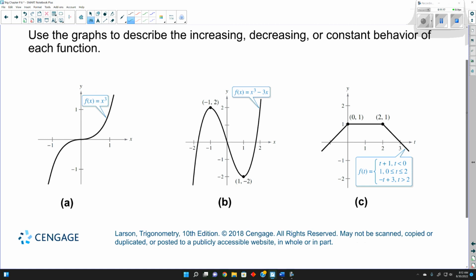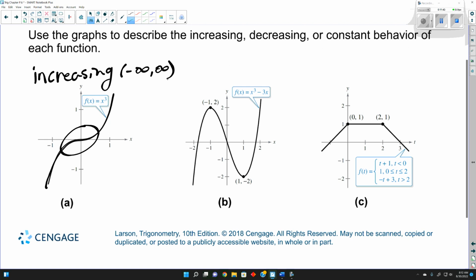So if we look at these graphs here, because if we look at A, this one here, even though here at the center it does look like it's starting to decrease, it's actually continuing to increase. Because for any of those points, the y values are still getting bigger. So this one here is actually increasing on the interval of negative infinity to infinity. Just the normal cubic function is going to increase the whole way across.